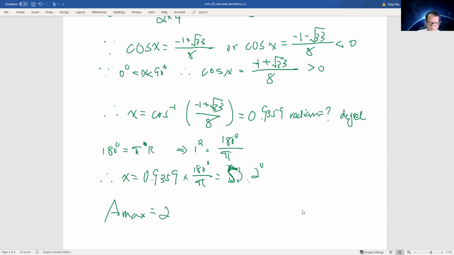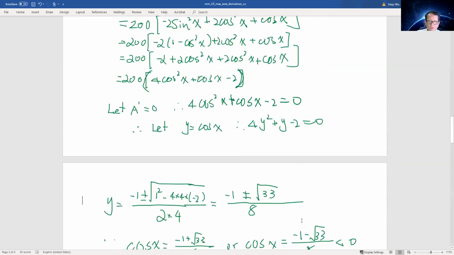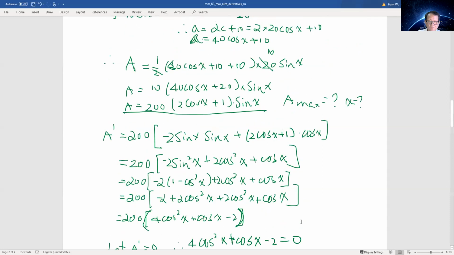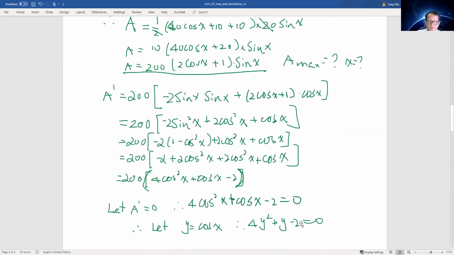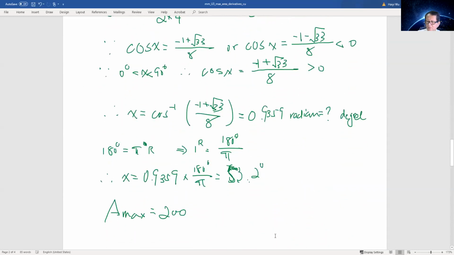We know the area formula is 200 times, so substituting into this equation, we put in sine of 0.9359 radian times 2 times cos, substituting into the original equation with the area and x relationship.